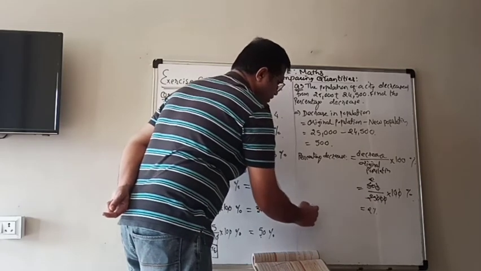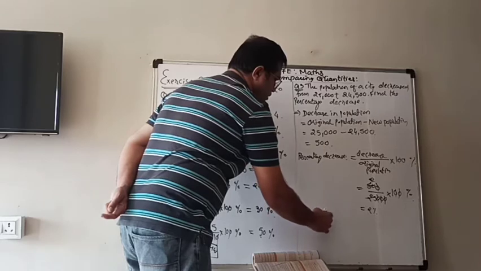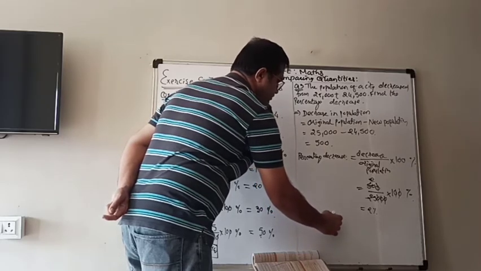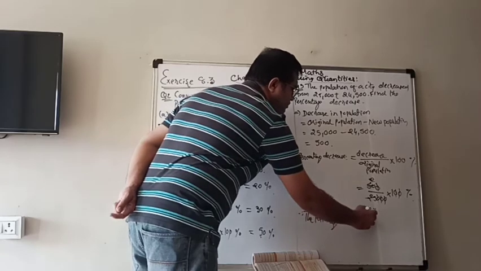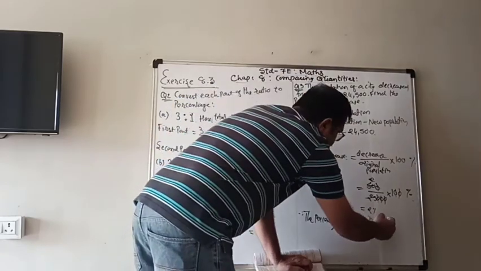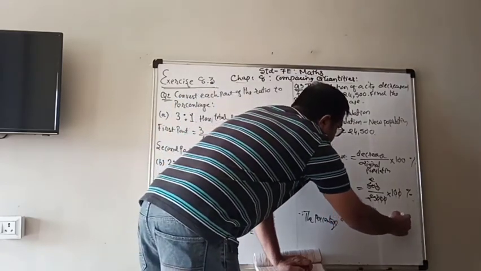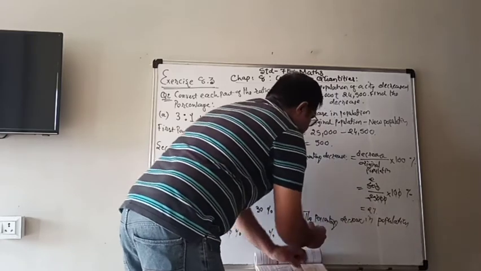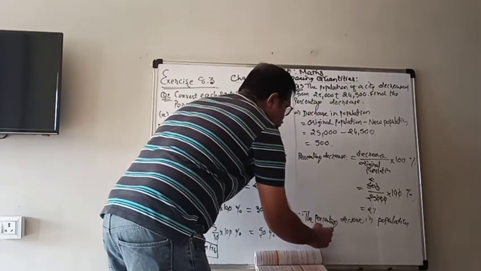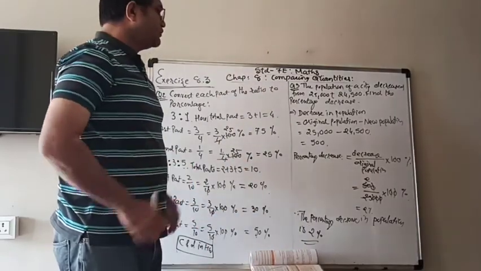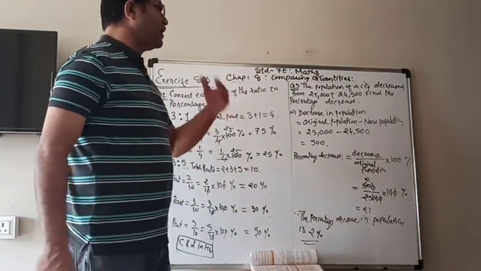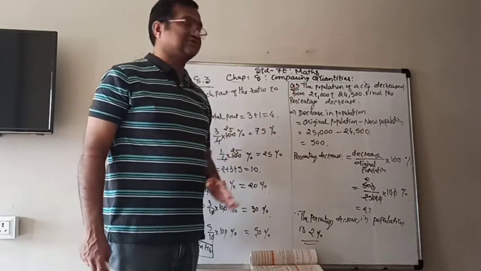Therefore, the percentage decrease in population is only 2%. So from 25,000, 500 were less.